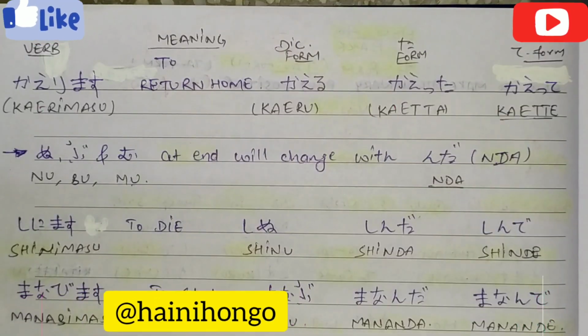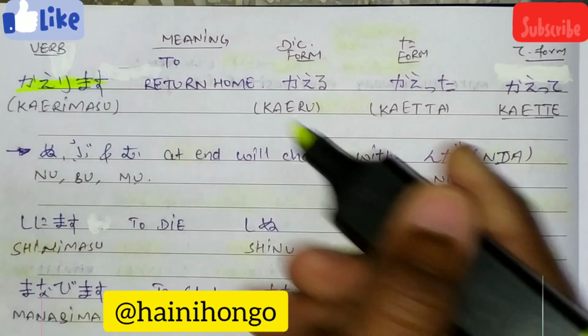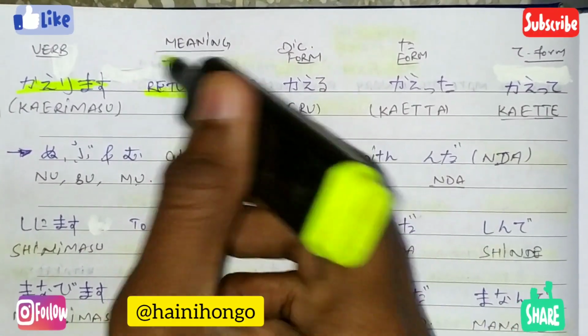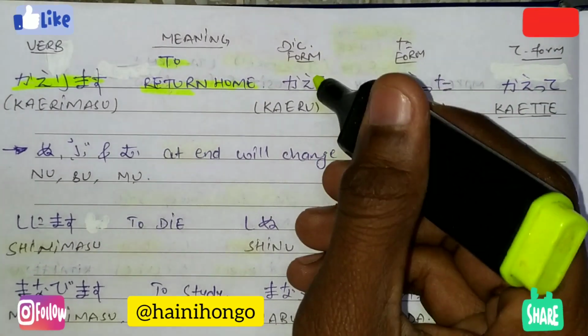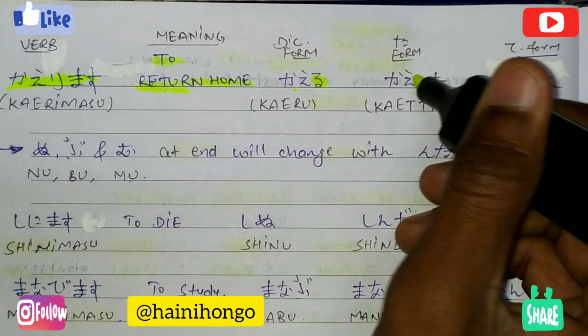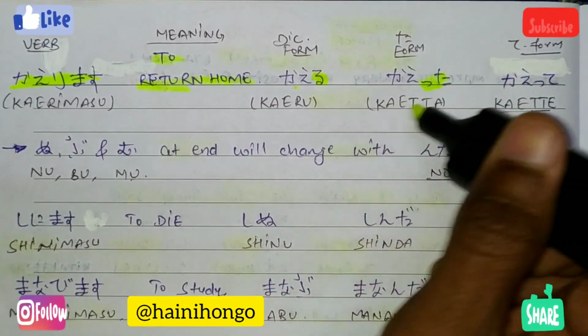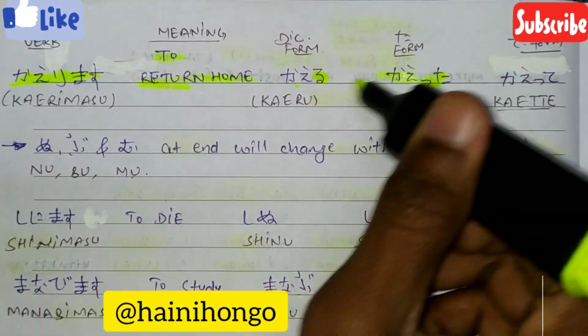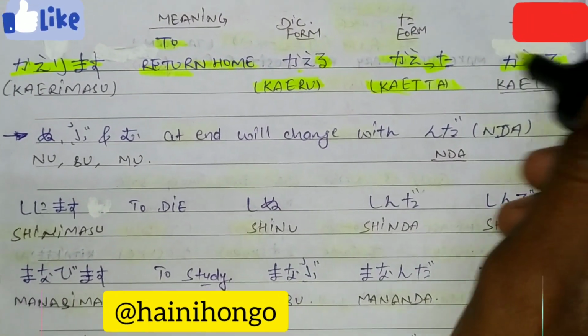Let's move to our next example. Here is kaerimasu. Kaerimasu means to return home and the dictionary form of kaerimasu would be kaeru. So this ru would be changed with tta and the ta form of kaerimasu would be kaetta, written in Romaji as well, and the te form is kaette.